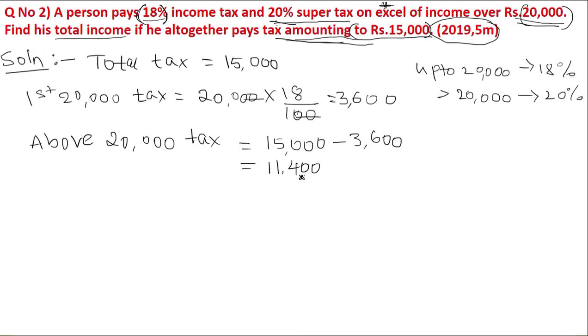Correct. So 11,400 is the amount of tax he has paid for his income which is above 20,000. So we don't know that income.